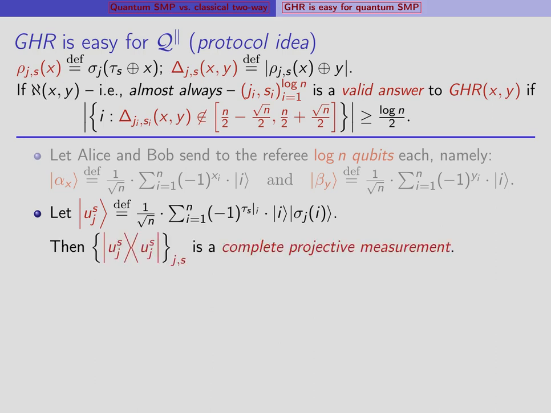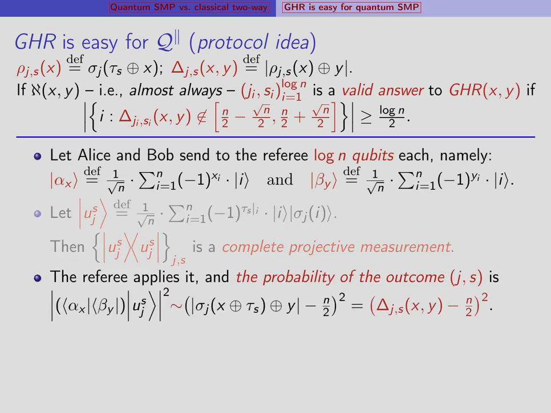Note that these states U_JS are orthonormal, they form a basis, and therefore this is a complete projective measurement in terms of quantum mechanics. The referee can apply this measurement to the pair of trivial fingerprints that he has received from the players.